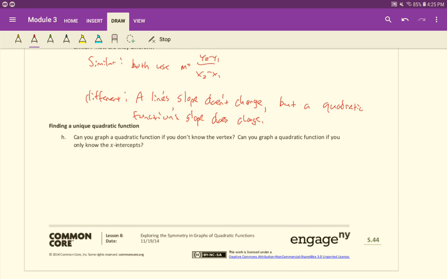Can you graph a quadratic function if you don't know the vertex? Can you graph a quadratic function if you only know the x-intercepts? So we can graph a quadratic function if we don't know the vertex, but we would need to know some other points. So yes, but we need additional information then.